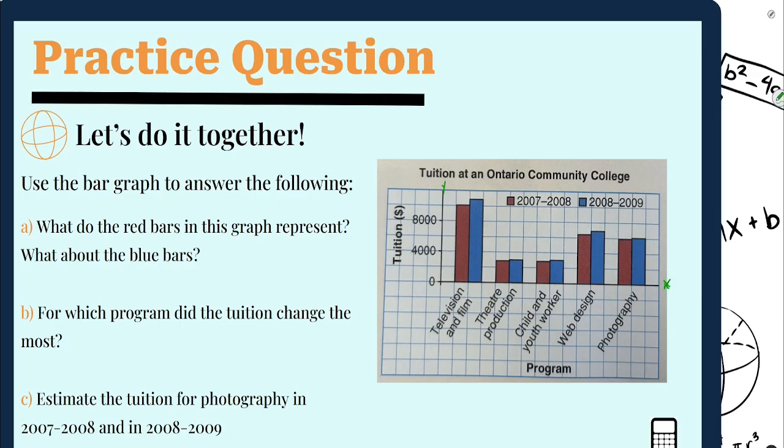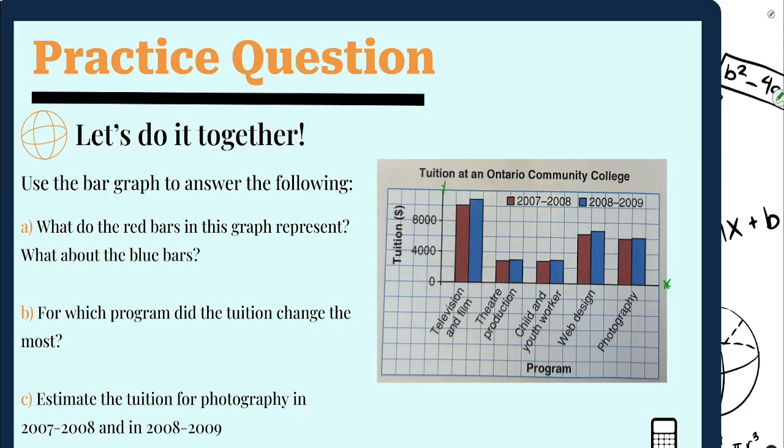The programs that we have listed along our x-axis are television and film, theater production, child and youth worker, web design, and photography. Now the data that's presented, we have bars that run vertically, they're going up our y-axis. We have red bars and we have blue bars.